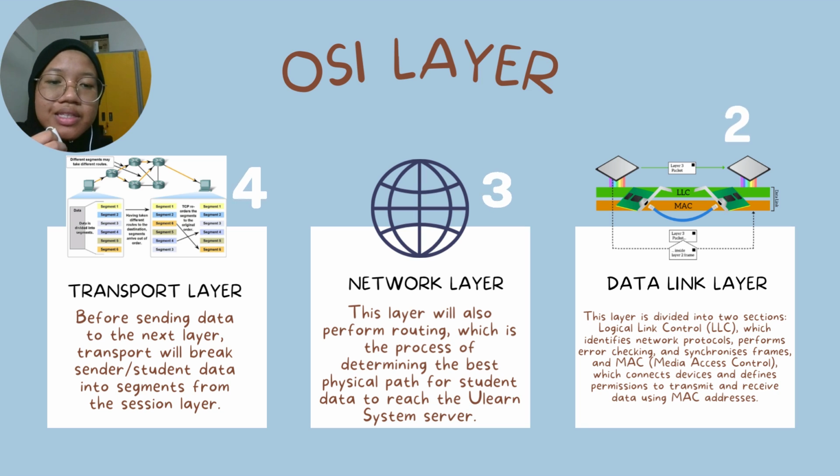Second layer, which is the data link layer. This layer is divided into 2 sections: logical link control, LLC, which identifies network protocols, performs error checking, and synchronizes frames, and MAC, which is media access control, which connects devices and defines permissions to transmit and receive data using MAC addresses.